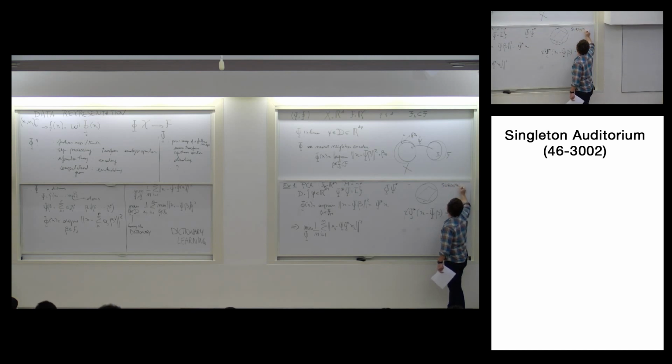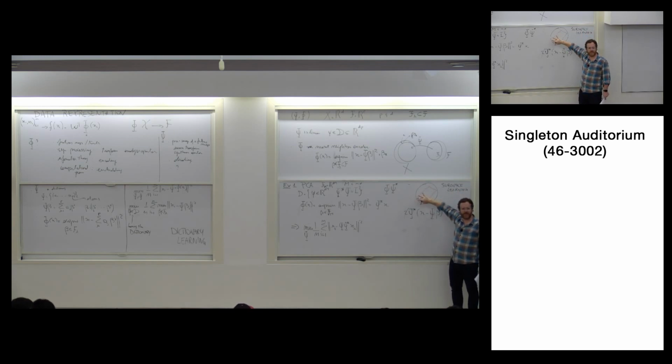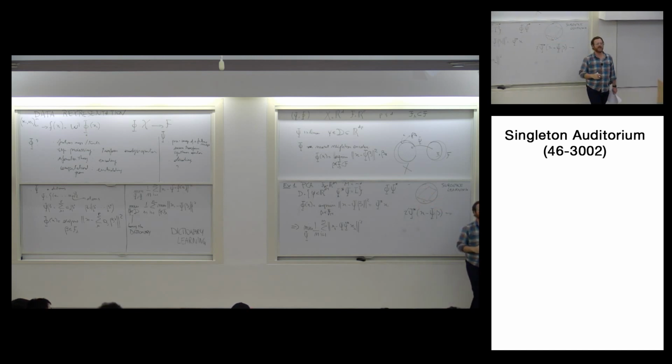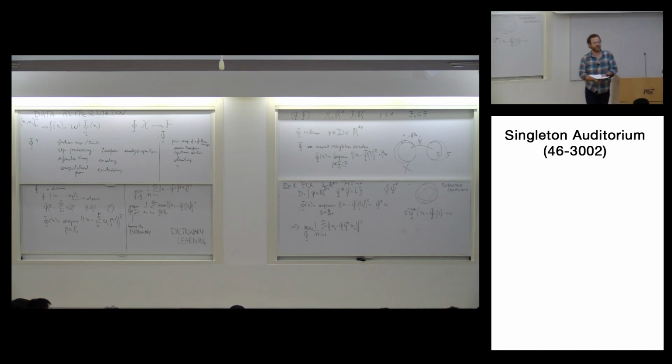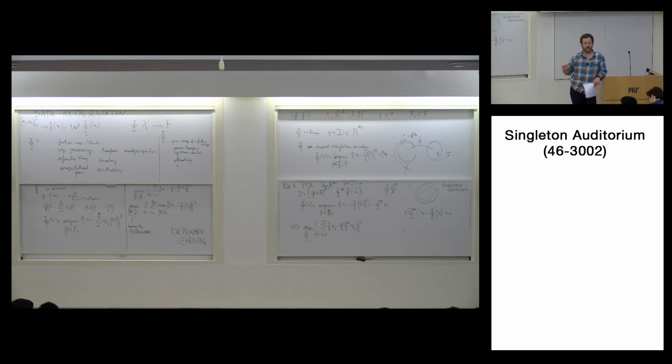You can view PCA as a basic subspace learning. Among all the possible, in this case, 2-dimensional subspaces, I want to find the one that fits the data best. Okay? So this is just another view on PCA. If you go there, in one line you can find all the usual stuff that you know about PCA. It's just that now you view PCA as a way to learn a dictionary. Okay?